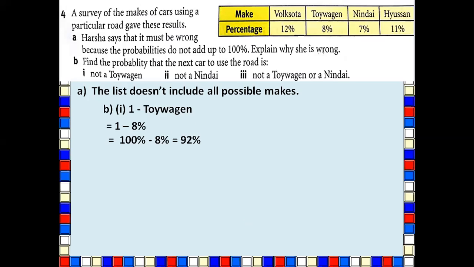Be careful, we are subtracting percentages, so that's gonna be 92% for not choosing Toyota Wagon, because Toyota Wagon is 8%. So the opposite of 8% to get 100% is 92. Thank you. Part B, part 2.